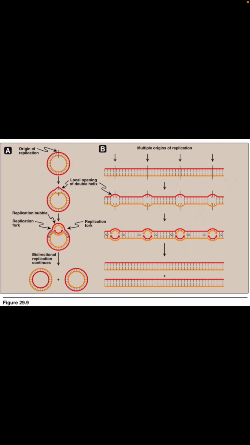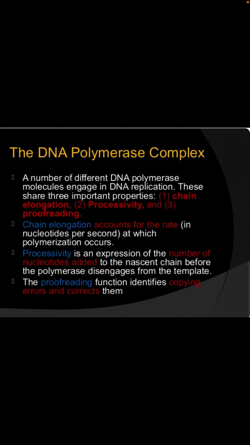Processivity is the elongation, and proofreading is the correction: first of all, the identification of the error and then the correction. So all these steps complete the process of DNA replication, where we will end the process by correcting the errors, which are called different mechanisms of DNA repair.